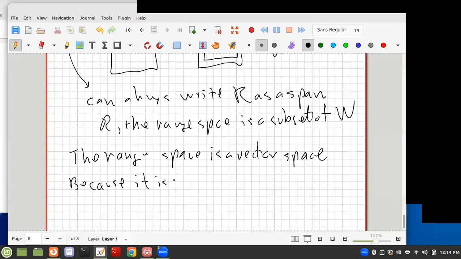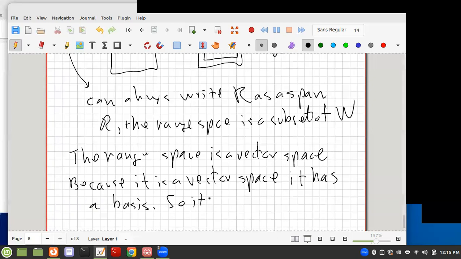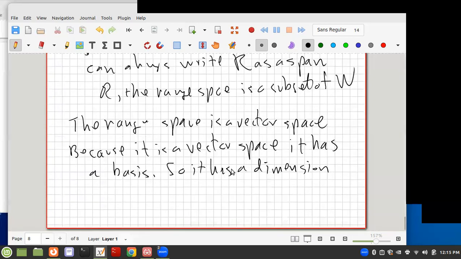So it has a dimension, a number of vectors in that basis. So we give a name to the dimension of the range space: it equals the rank of the map.